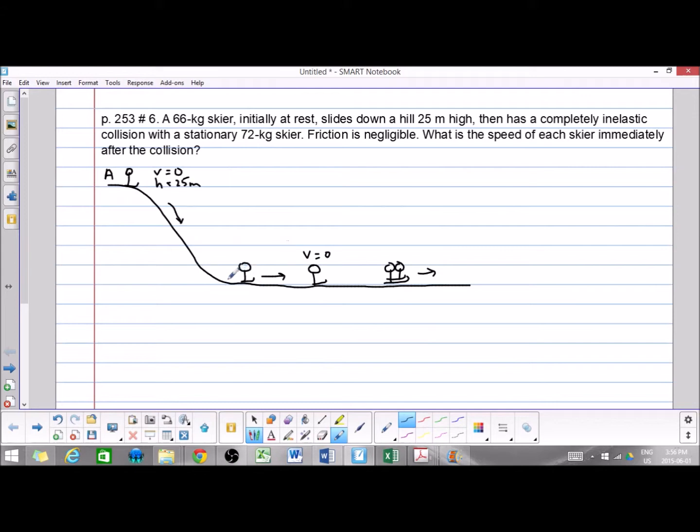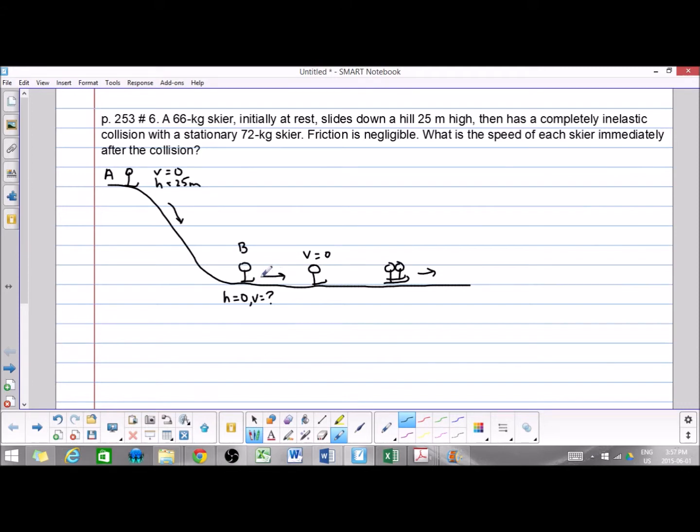So you probably recognize the first stage of this as a conservation of energy problem. It's a pretty simple one, actually, because we're neglecting friction. We just have gravitational potential energy converted to kinetic energy. So down here, H equals 0, V equals we don't know what. So that's a problem you know how to solve. That's a conservation of energy part of it.